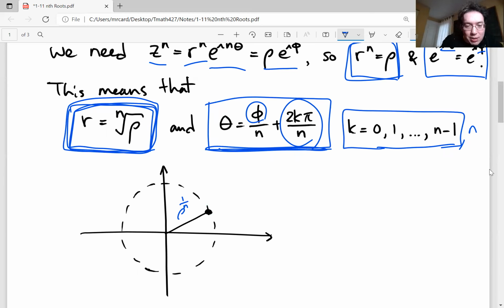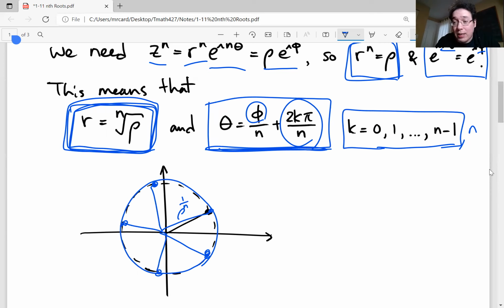So if I imagine 5 different points with equal division of angles, these are 5 different answers equally spread out around the circle of radius rho to the 1 over n.